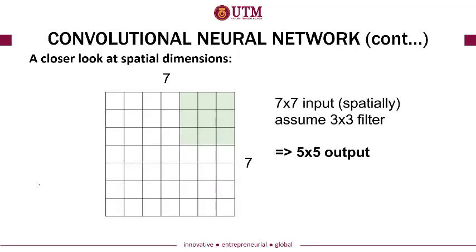So at the end, the feature map or the activation map is equal to 5 times 5, because we start here, then our stride is equal to 1, then you compute here, and at the end, what is the size of the activation map produced from this convolutional? Of course, it's 5 times 5, if you set your stride equal to 1.